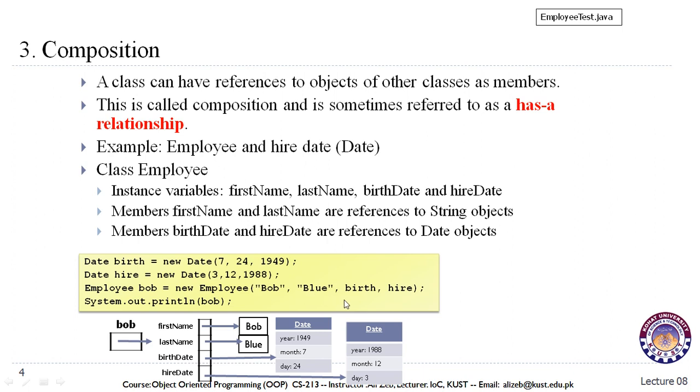And then we are passing these two objects as arguments to the constructor of the employee class. And the constructor of the employee class will initialize or assign these values to the instance variables, that is the first name, the last name, the birth, and the hire.